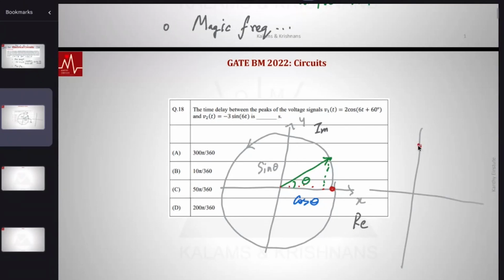Initially, the x component is maximum, and as it traverses, it keeps decreasing until it becomes 0 at this point. Then as it goes further, the x component becomes negative and reaches a maximum of -1, and then becomes 0 again. As it gets back to the starting position, it completes a full cycle.